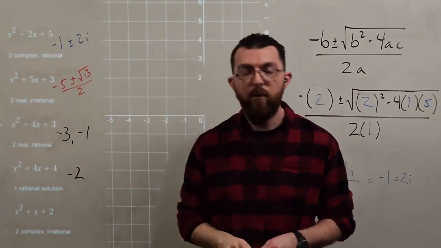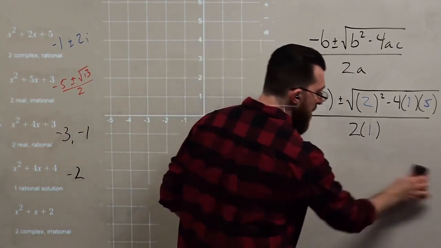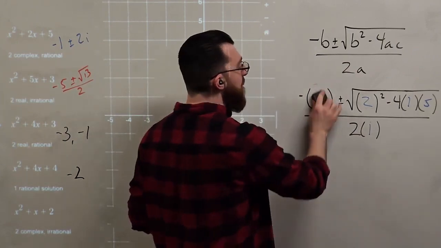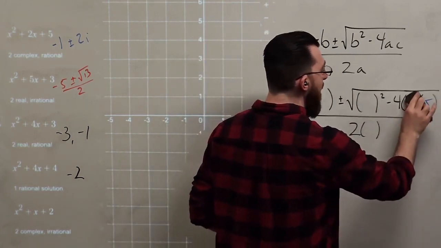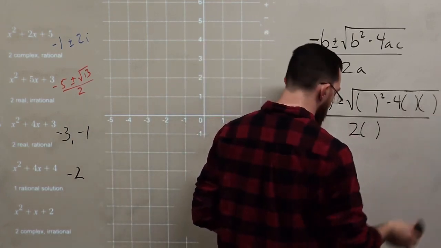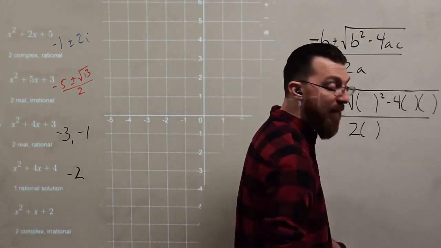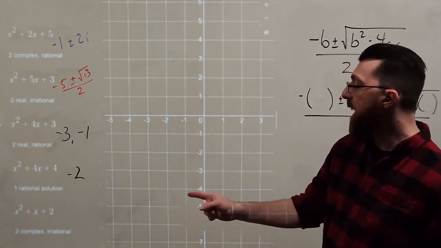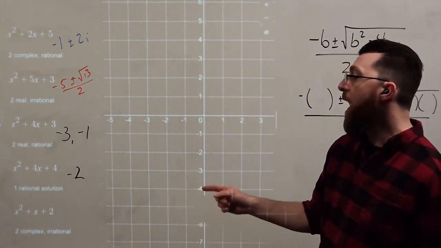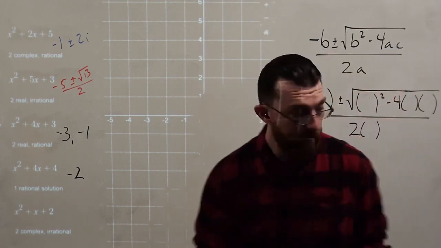Only one problem left. This will be the most challenging because it includes both complex numbers and also irrational ones. I'll have a negative number under that square root, and I will also have something I can't simplify under that square root. Let's see. x squared plus x plus 2. A is 1, B is 1, C is 2.